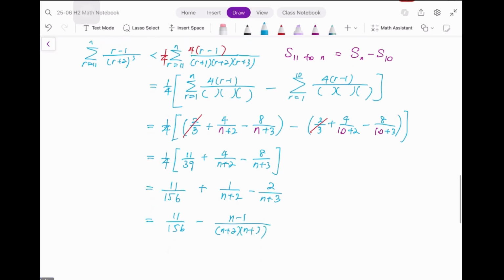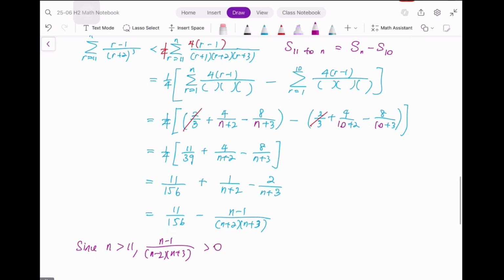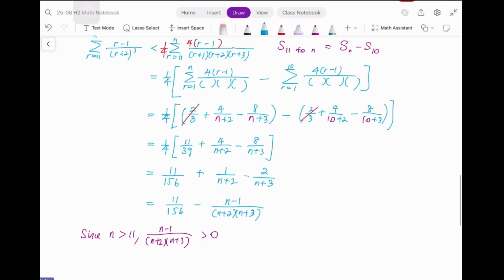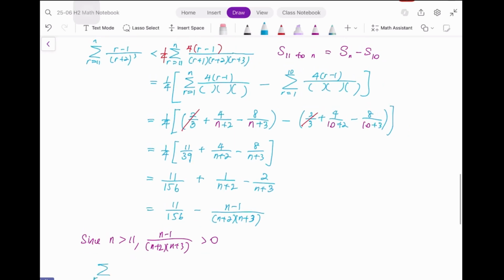Now because n is more than 11, this term over here, n plus 3, would be a positive number, correct? Plus 2, this thing over here is a positive number. So because of that, this thing itself is already smaller than that.